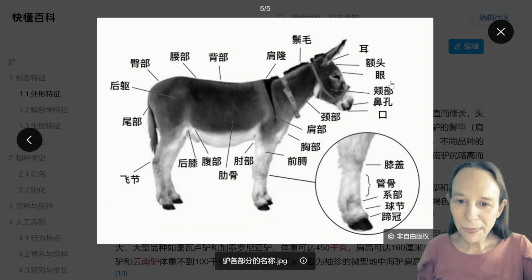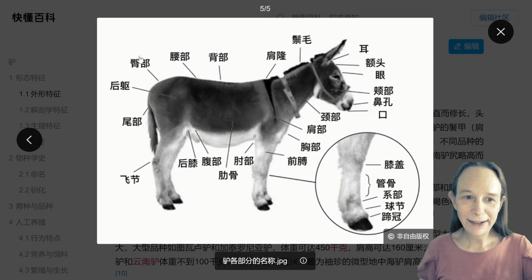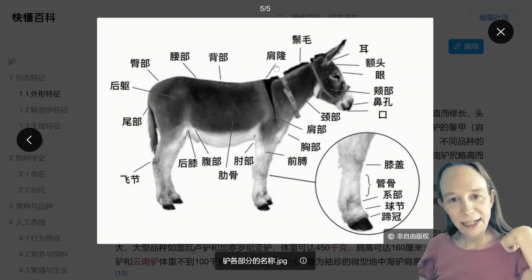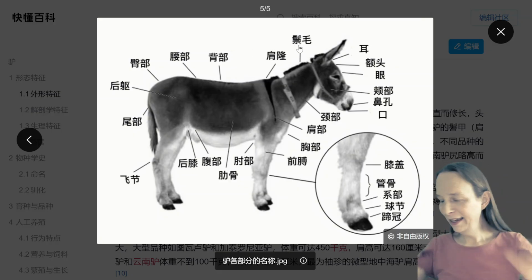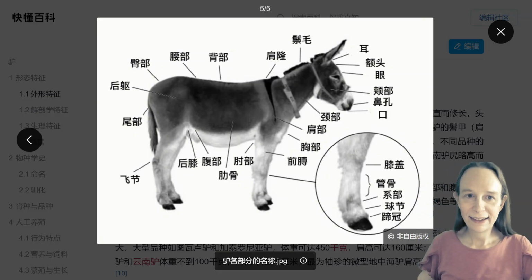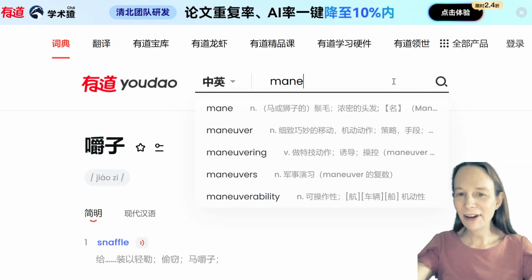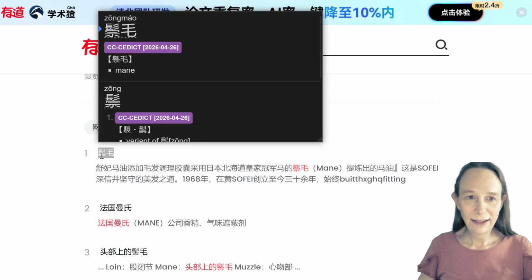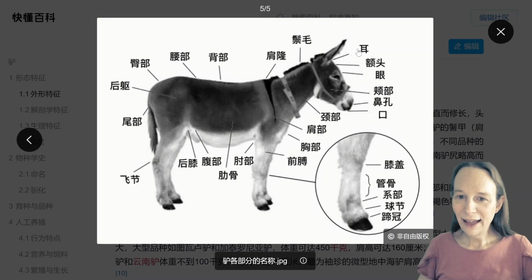All right. 乐, does it say 乐? No, it's only pointing out parts of the donkey. 臀部, 腰部, 背部, 肩龙. Yeah, this one I don't remember. It's the Chinese word for mane. It doesn't come up very often. Mane. 鬃毛, mane. 鬃毛, 耳朵, 额头, 眼, 颊部, cheeks.